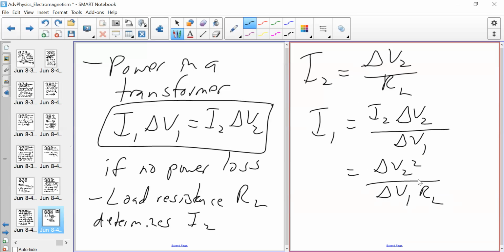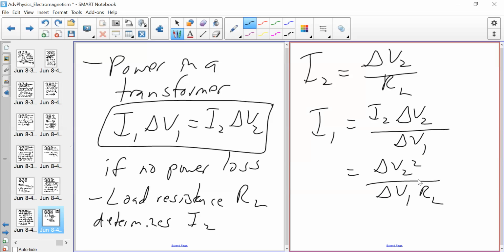So that would be the current through the primary: voltage squared over the voltage in the primary times the load resistance.